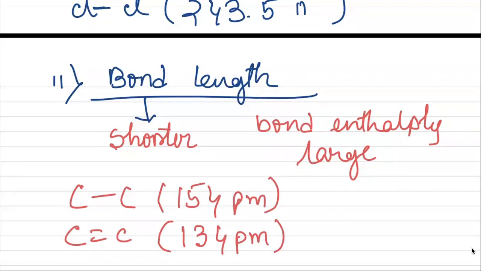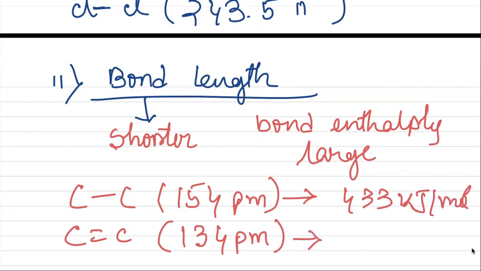To break the carbon-carbon bond, it requires 433 kilojoule per mole. To break the carbon-carbon double bond, 619 kilojoule per mole of energy is required. So obviously, if bond length becomes shorter, bond enthalpy will be larger. Clear?